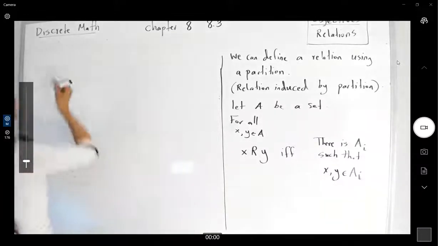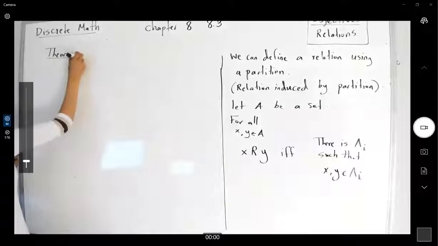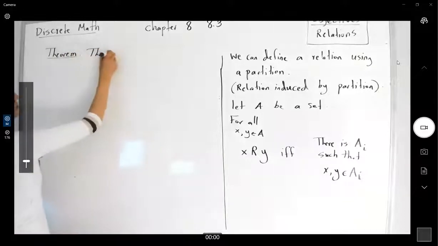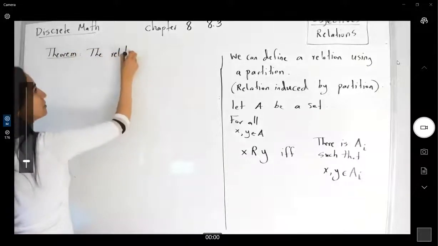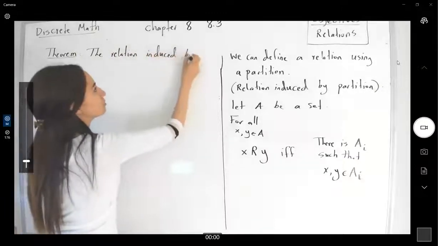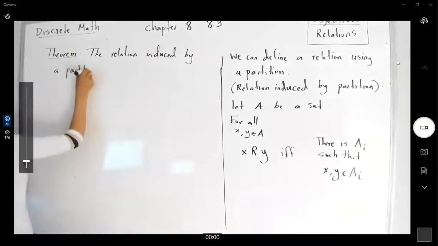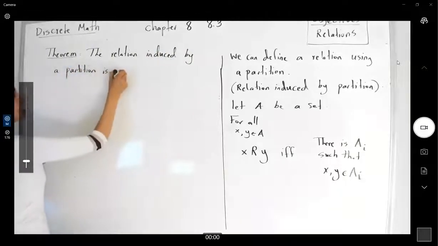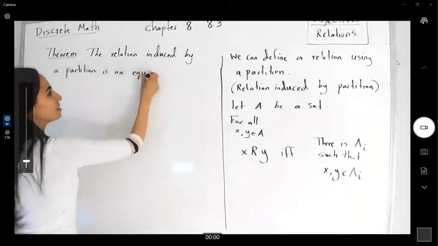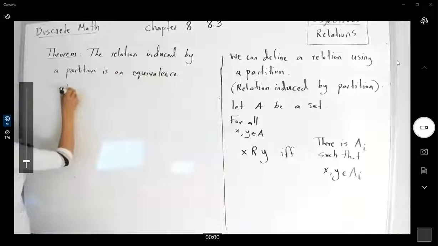Theorem: the relation induced by a partition is an equivalence relation.